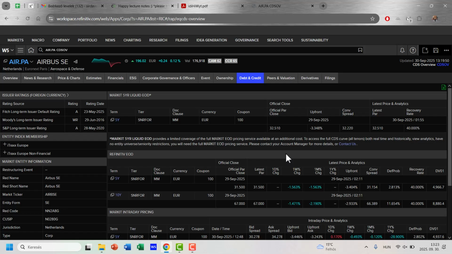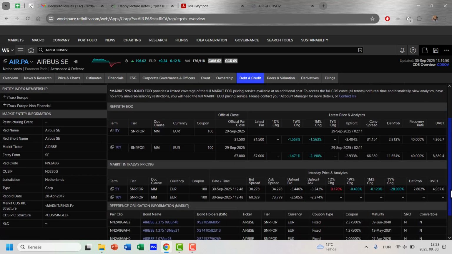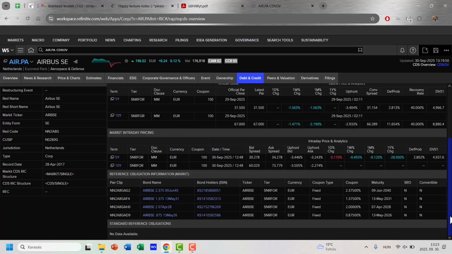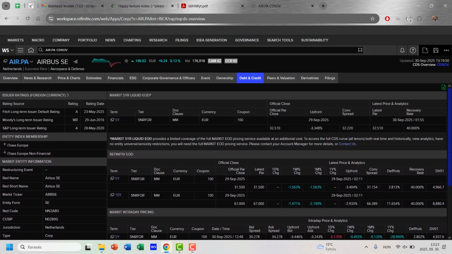Because the other problem is that if we are checking the numbers somewhere, to define CDS pricing, you need probability of default. But this probability of default is calculated from already existing CDSs. So the whole pricing of the CDS products is circular.